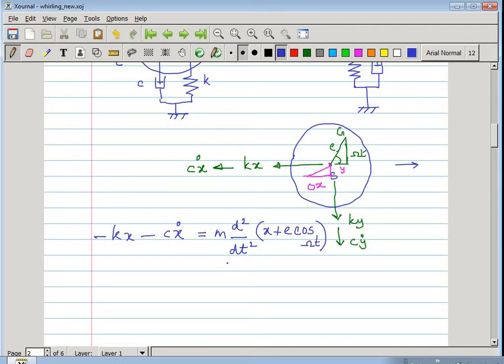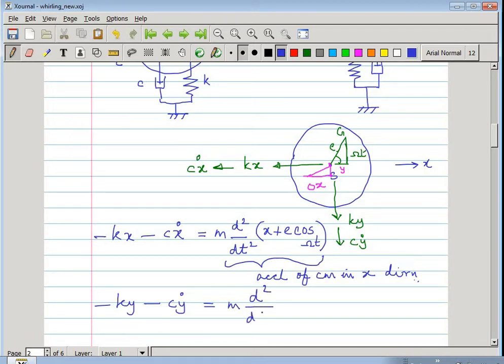So this is actually the acceleration of the center of mass in the x direction. And the other equation is minus Ky minus Cy dot equal to m d2/dt2 of y plus e sin omega t.